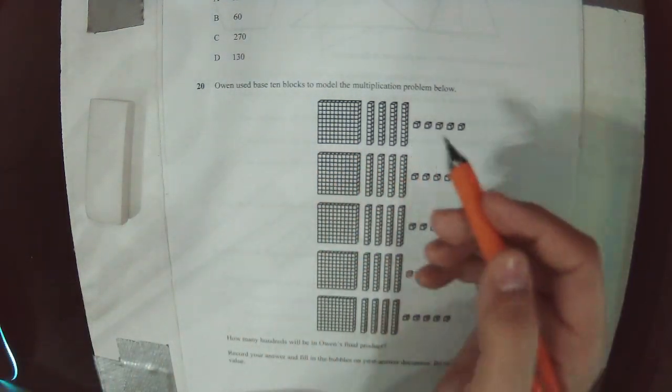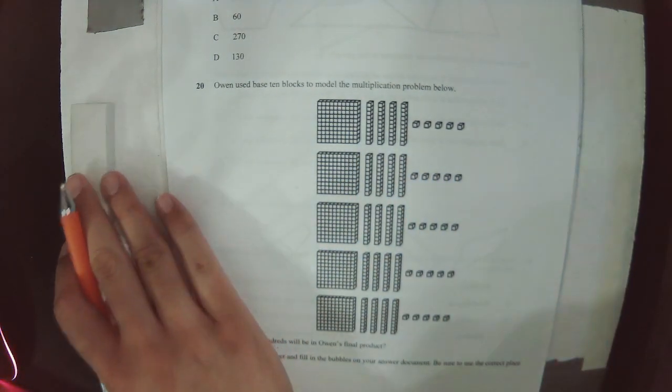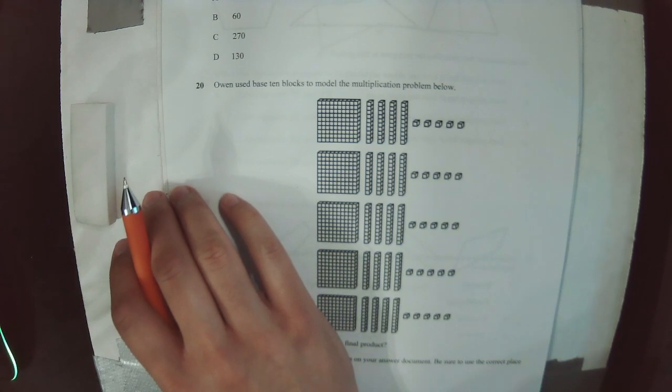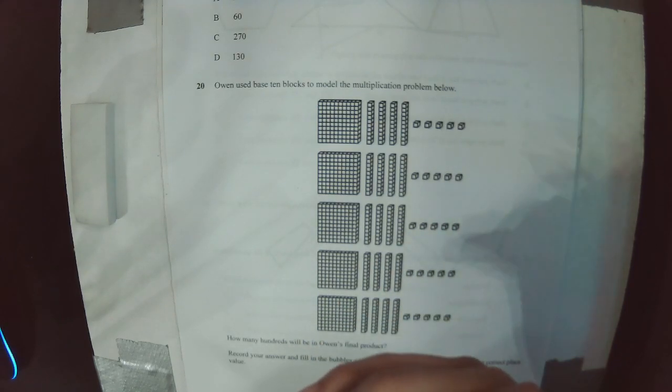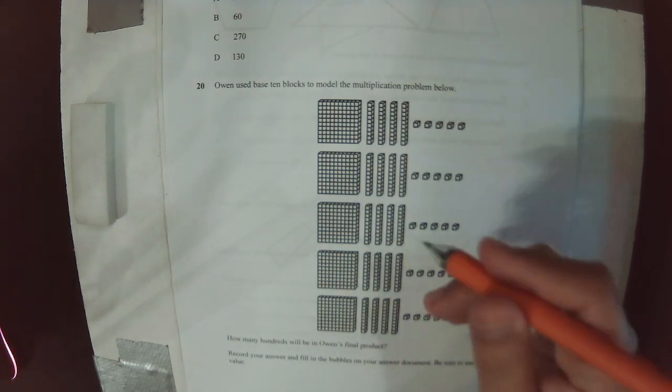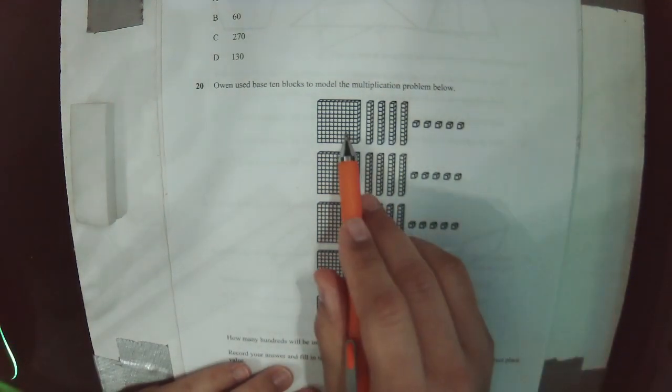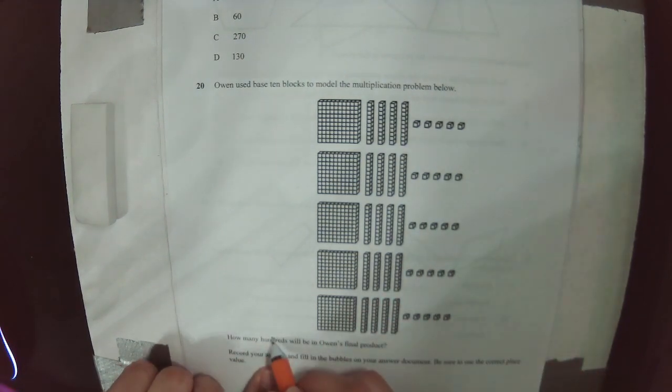Owen used base 10 blocks to model the multiplication problem below. Okay, so they show us what he is multiplying. Instead of using numbers, they use the blocks to show us what numbers he wants to use. It says how many hundreds will be in Owen's final product.